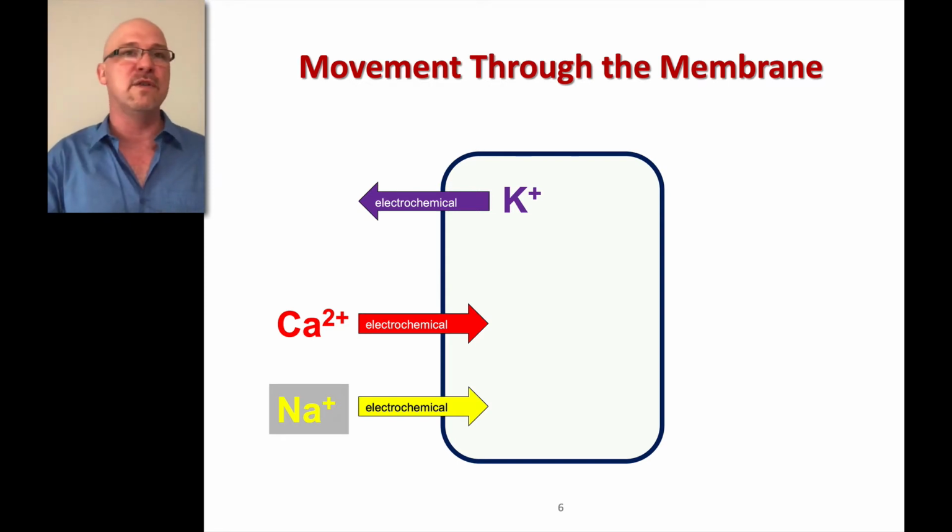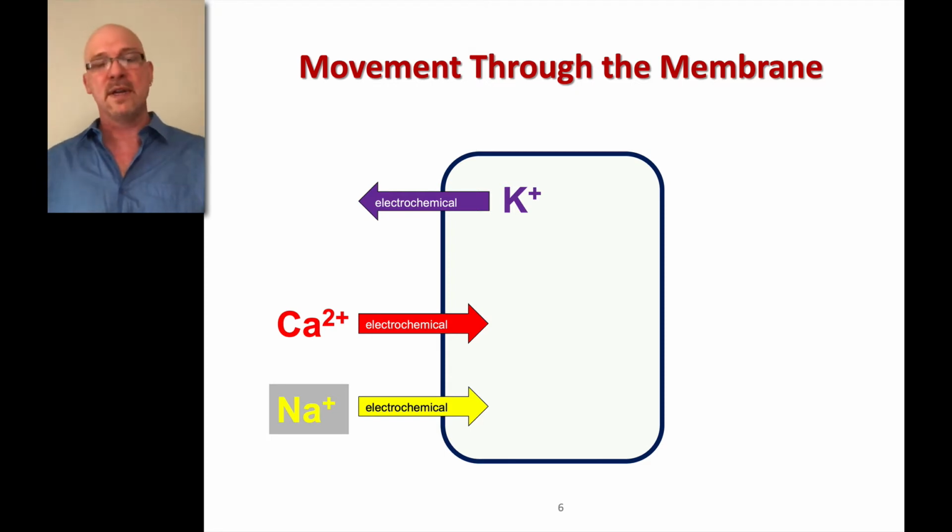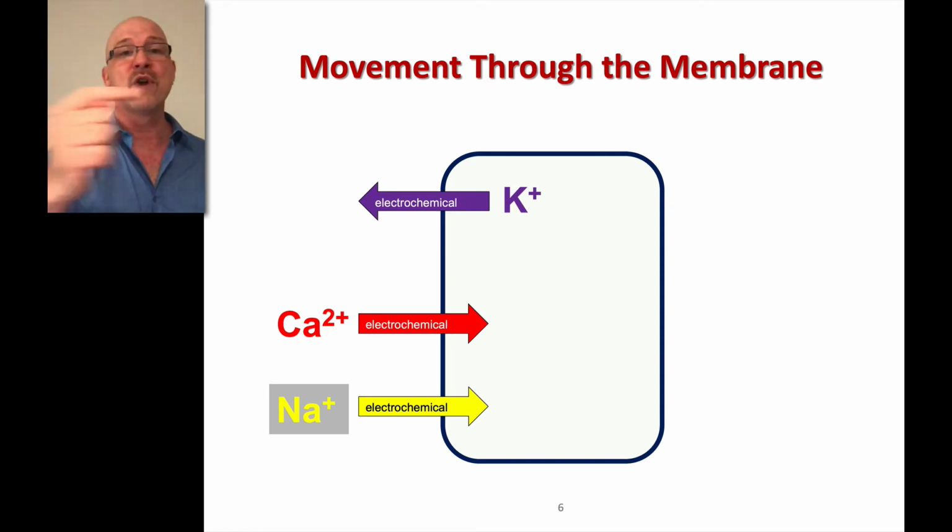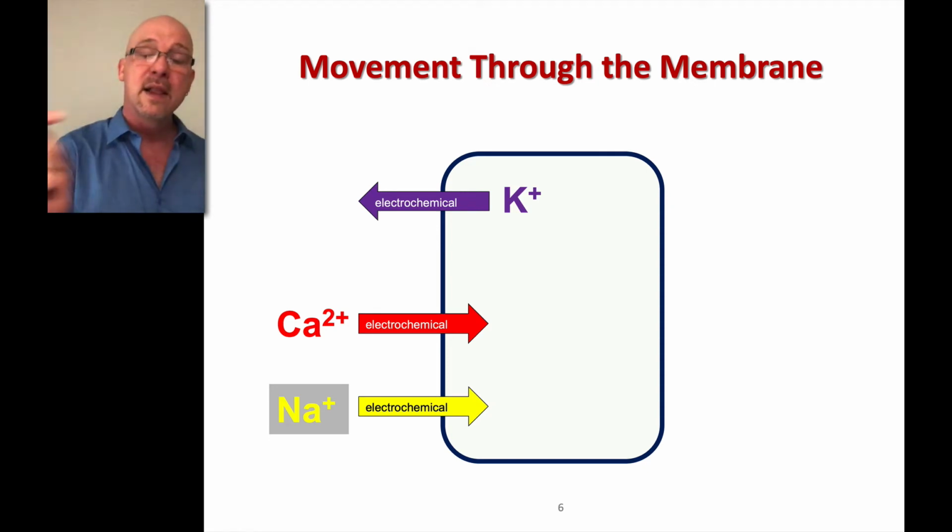So if we could find a doorway in the wall of the cell, in the cell membrane, and just suddenly open it up, the potassium would be going, oh great, we're crowded in here, and it would run through that open doorway just automatically. We wouldn't have to do anything. We wouldn't even have to exert any energy.